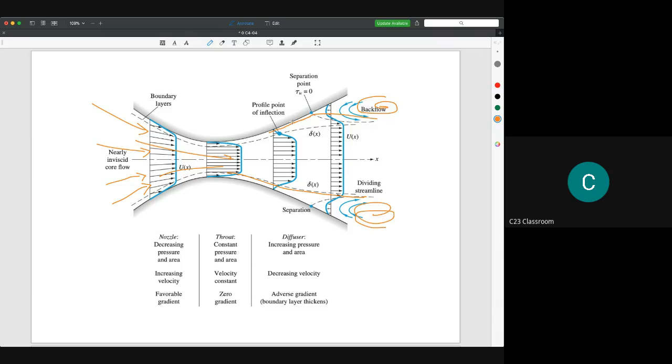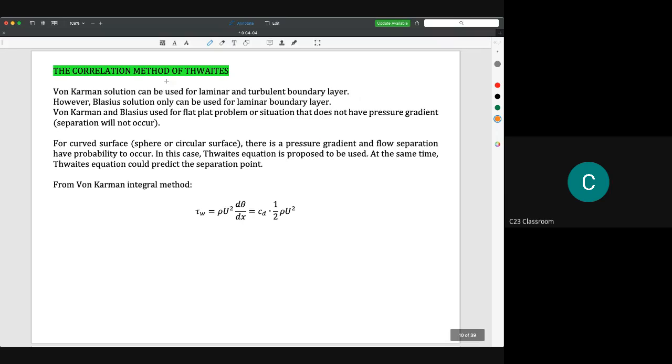To start to calculate the separation point here, we introduce the correlation method of Twitch. We read here that the von Karman solution can be used for laminar and turbulent boundary layers. However, the Blasius solution can only be used for the laminar boundary layer.